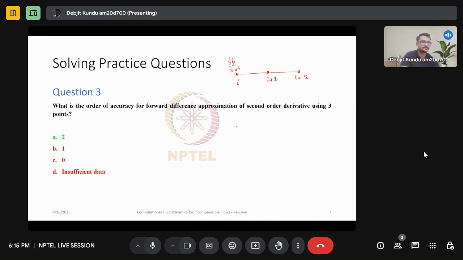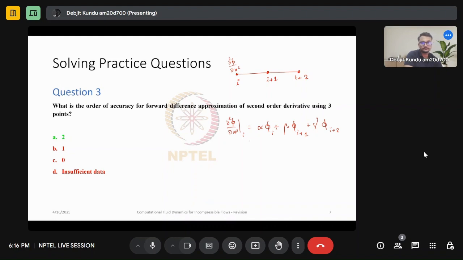So there are various ways of finding this, where you can write this derivative in this form: alpha into phi I plus beta into phi I plus 1 plus gamma into phi I plus 2. Then you expand these in the Taylor series expansions, and then you determine what alpha, beta, and gamma are.